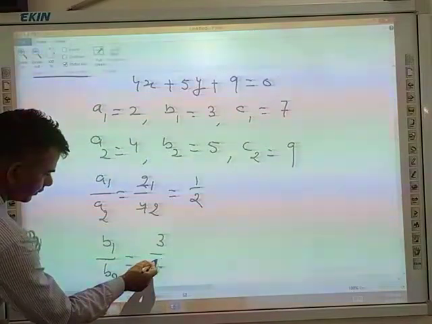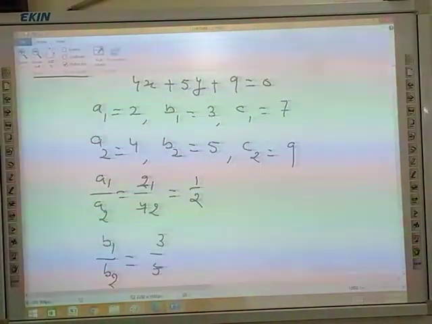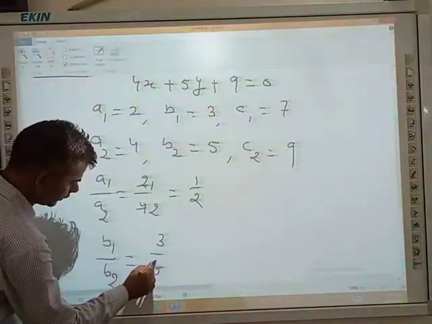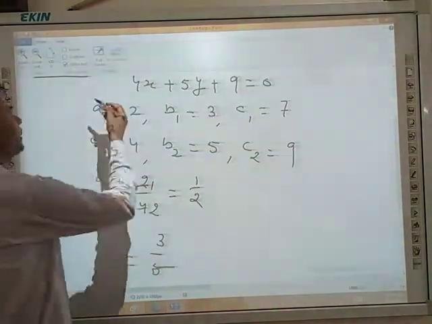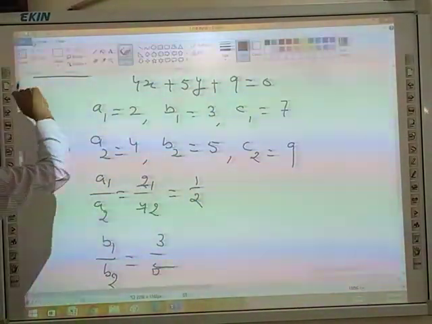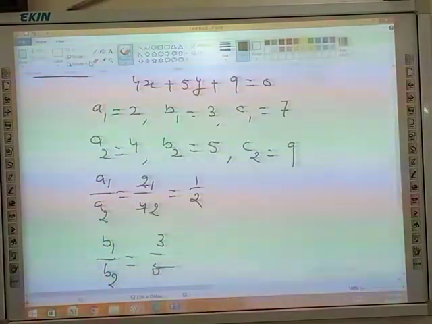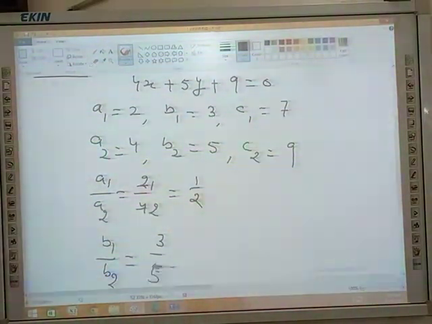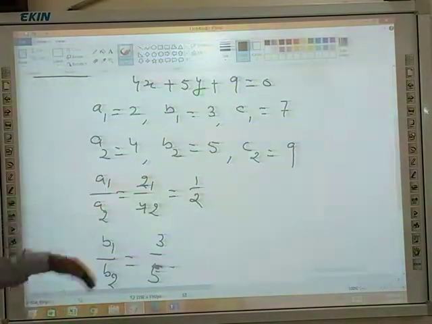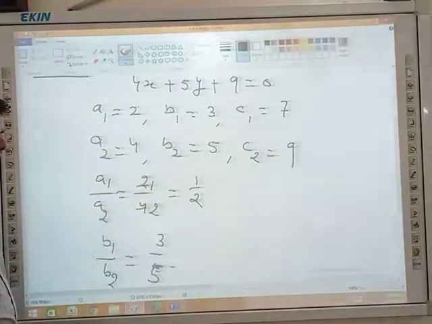Now A1 by A2 is 1 by 2, B1 by B2 is 3 by 5.